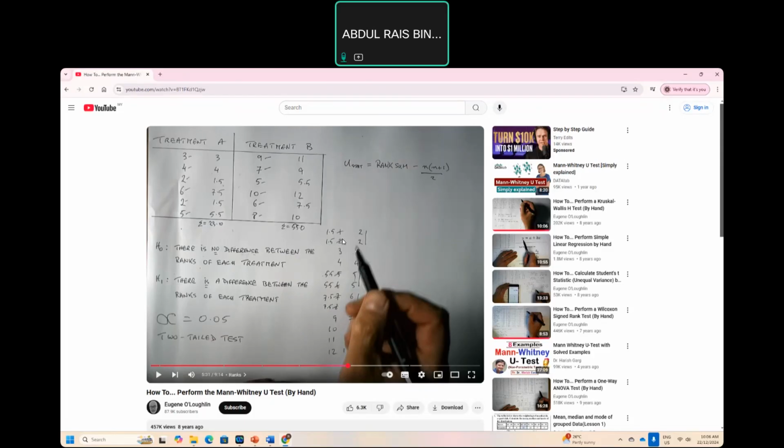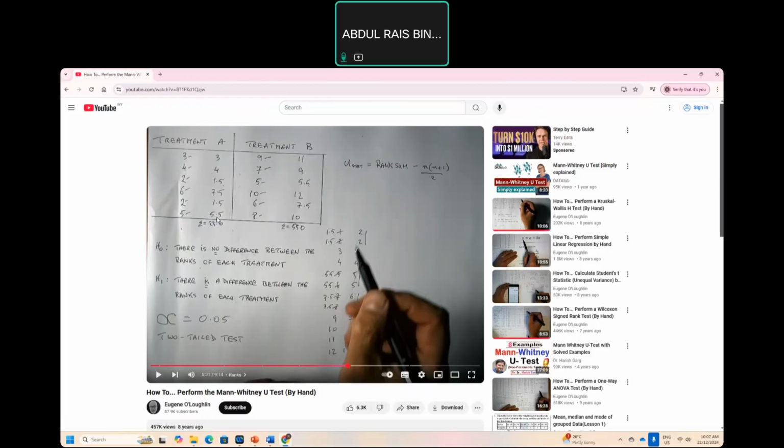Andai kata ada value yang sama, kita ambil dua ranking, campurkan and bahagi 2, baru kita dapat average. Okay, that's why yang sini kita tengok 1.5 untuk nilai 2, 0.5 kita dapat 5.5 dan 5.5.